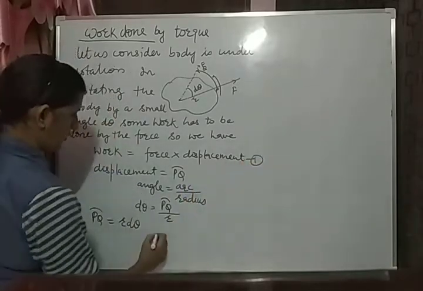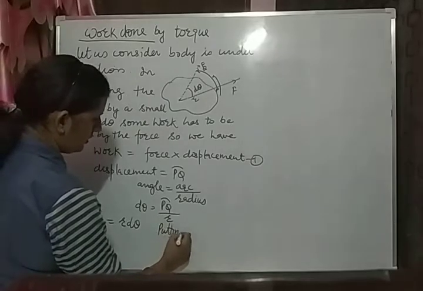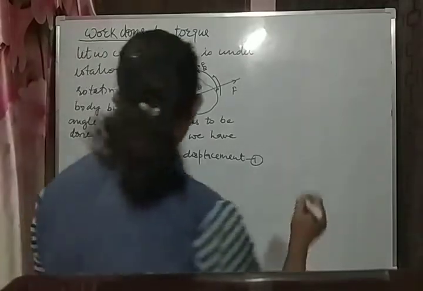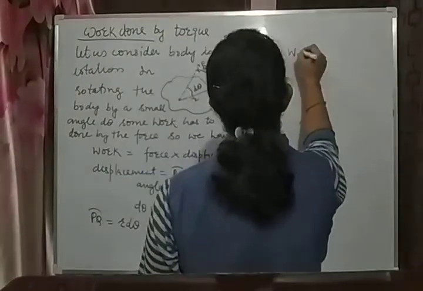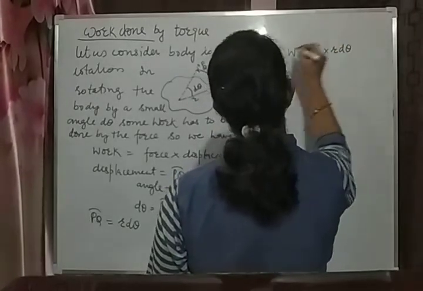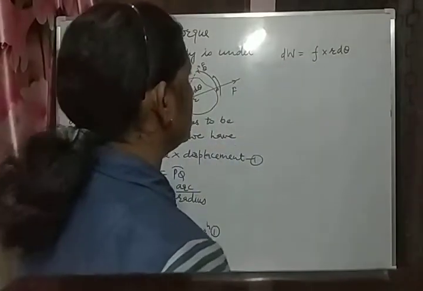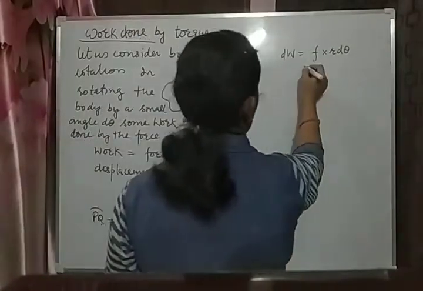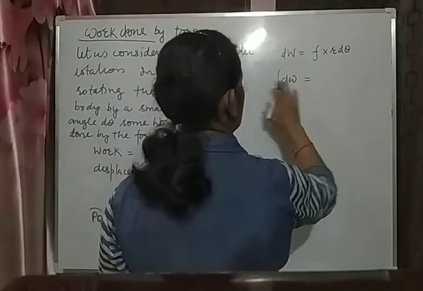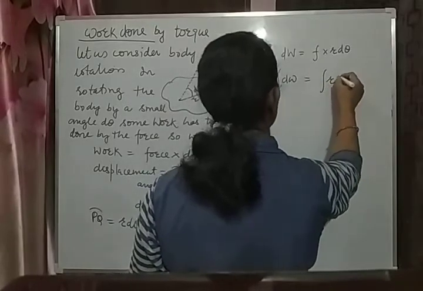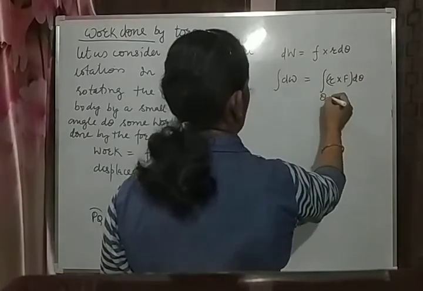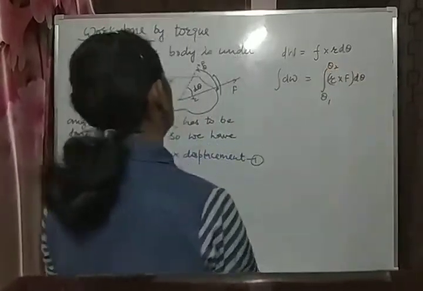Put this value in equation 1. Putting in equation 1, we have work done W equal to F into r into d theta. If this work done is small, then we integrate the small work done to calculate the total work done. This is r cross F into d theta, with limits from theta 1 to theta 2.